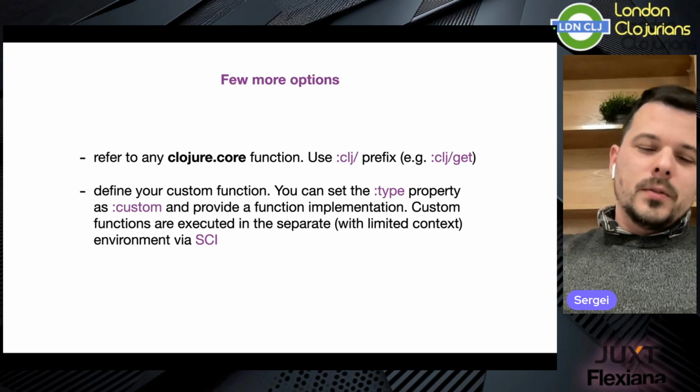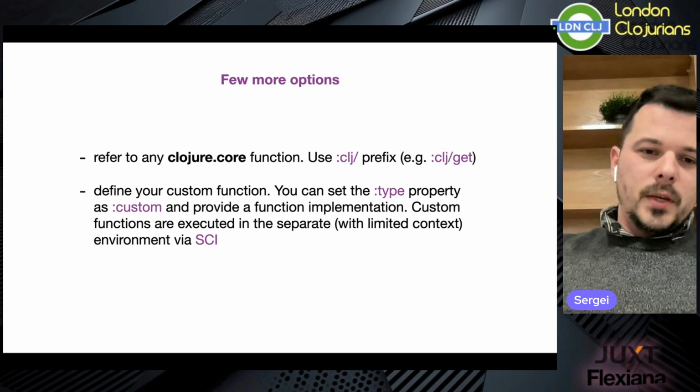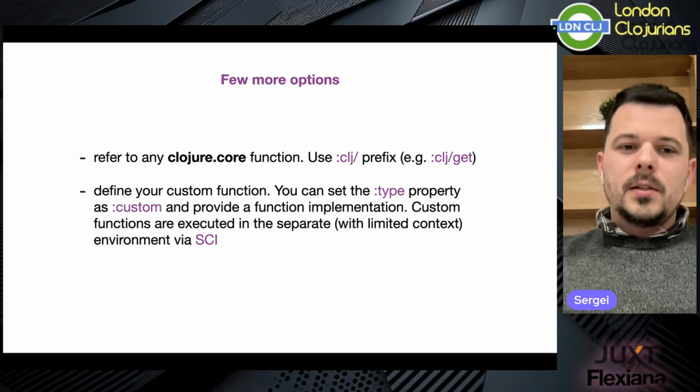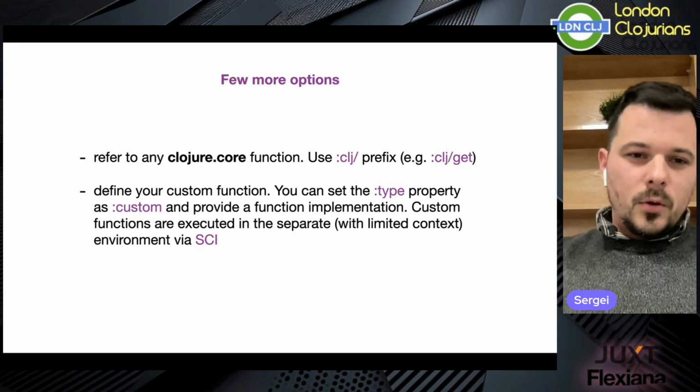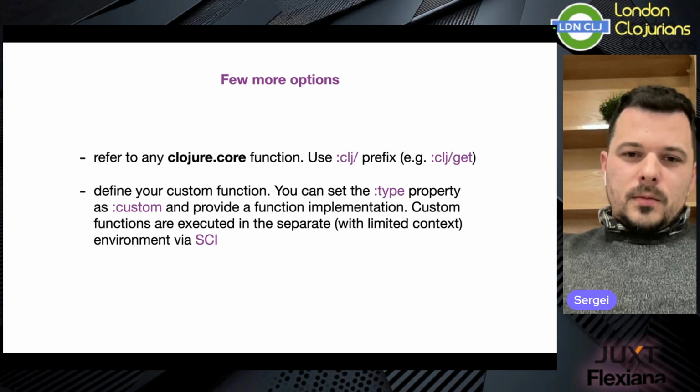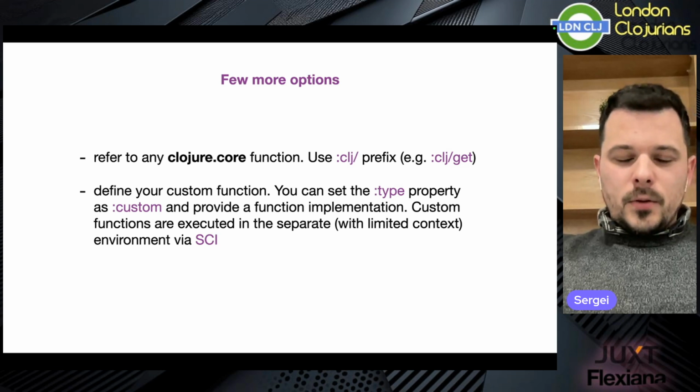So all your custom actions will be executed in a separate environment, which has limited access to the global state, global variables and functions. So it's more safe than just evaluating random functions at your runtime.